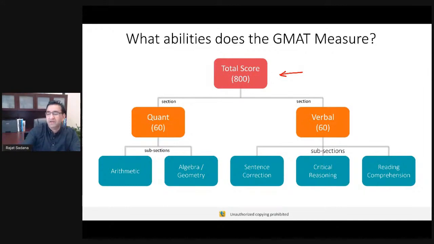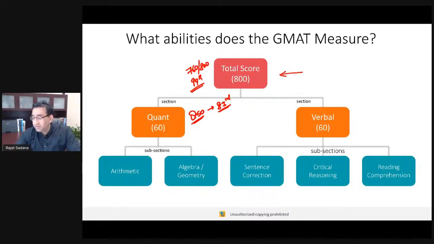So when you get a 760 out of 800, that is equivalent to a 99th percentile. Now, when you get a Q50, that today is equivalent to 83rd percentile.